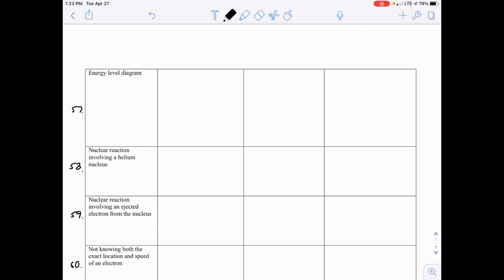Now in scenario 57, if we are given an energy level diagram, it looks something like this. You'll see several lines parallel to each other, spaced apart differently.